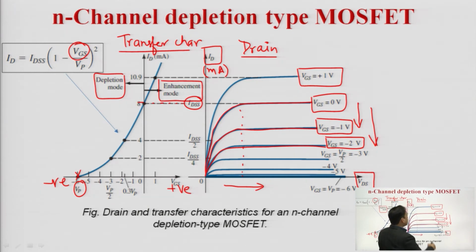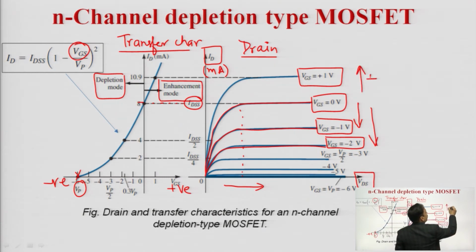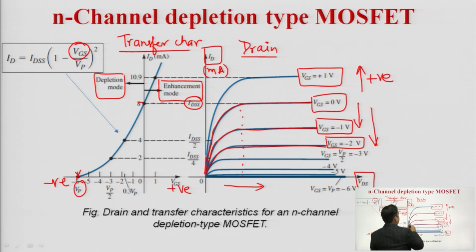This is called the depletion mode, because the effective width of the channel decreases. Now, as VGS increases in the positive direction, it enhances the channel, so the width of the channel is enhanced, due to which the current starts increasing, something like this. So this is the transconductance characteristics and the drain characteristics for the N channel depletion type MOSFET.